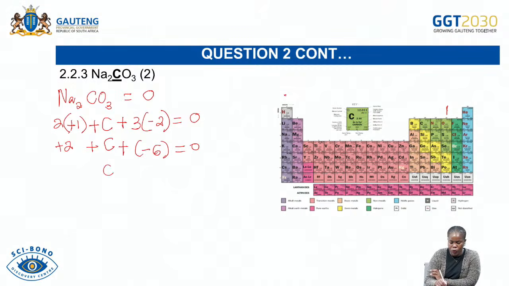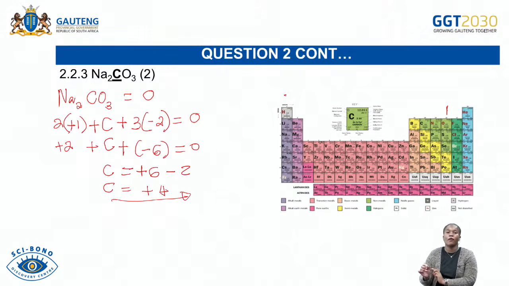We transpose carefully. If we move this negative 6 onto the other side, it's going to be positive, and then if we move that positive 2, it's going to be 6 minus 2, which gives us a positive 4.